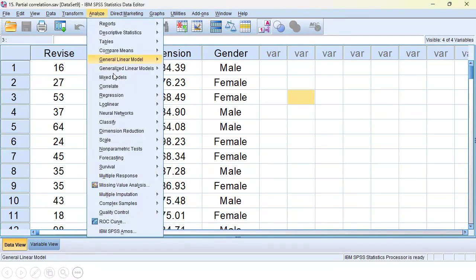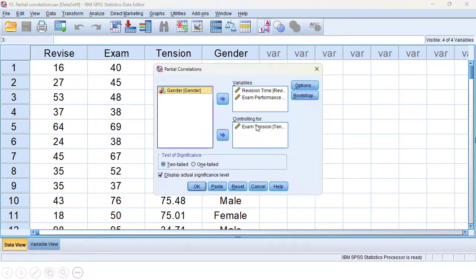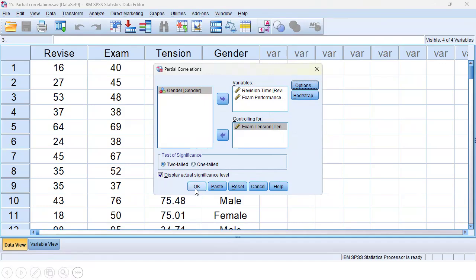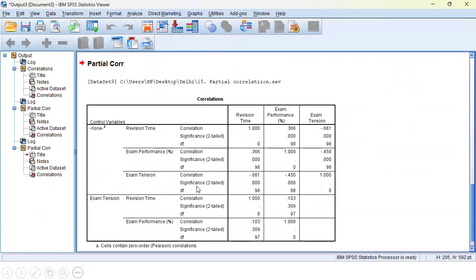Go to analyze, correlate, partial, exam tension, and then options, zero order correlation. You are controlling the third variable, and then okay, now you can get this result.